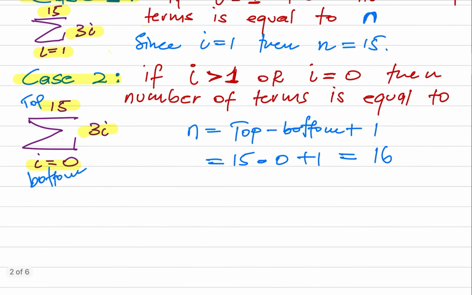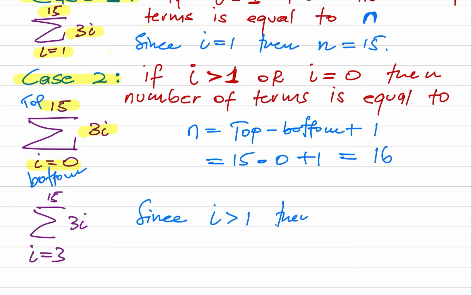Let us check if your i is just a number greater than 1. Let me just say the sum of 15 terms. Let's say our i is 3, then this is your 3i there. So since i is greater than 1, then n is equivalent to how much?